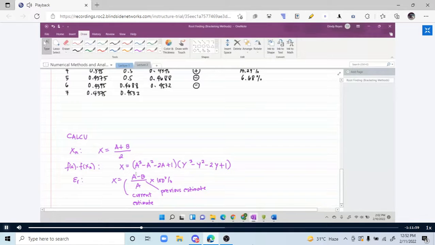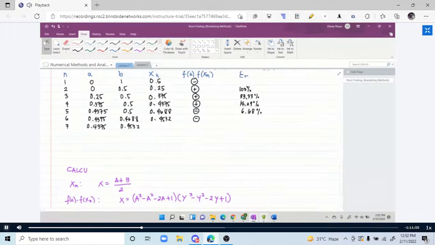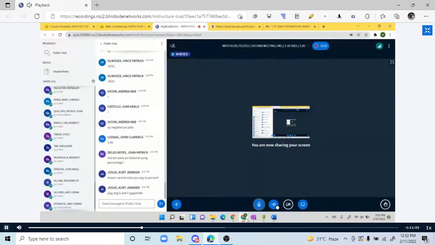So in your calculator, you may use this, where A is the current estimate, B is the previous estimate. Any variable will do, A and Y, as long as you know that A is your current estimate and Y is your previous estimate. Okay? So 3.40.